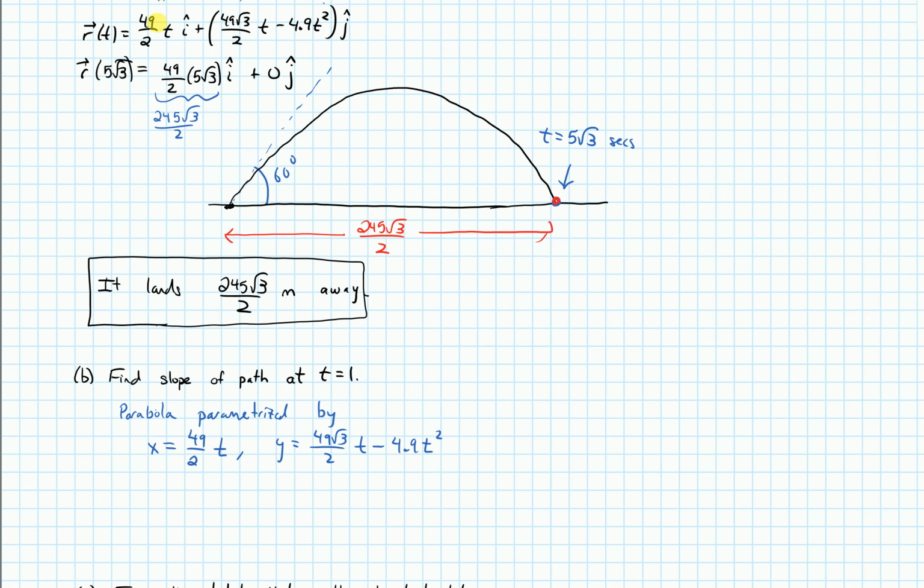So we are just taking the x component of this position vector and the y component, or the j component of this position vector, and making those what x and y equal in our parametrization.